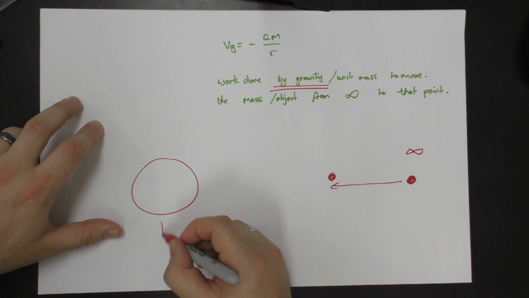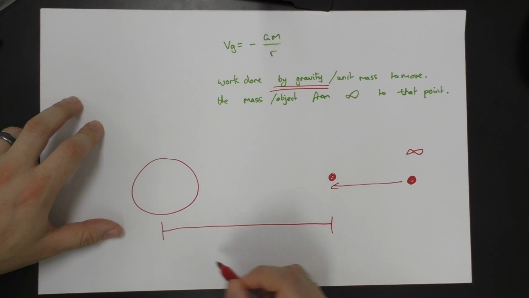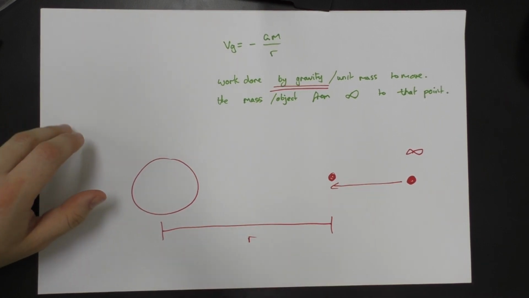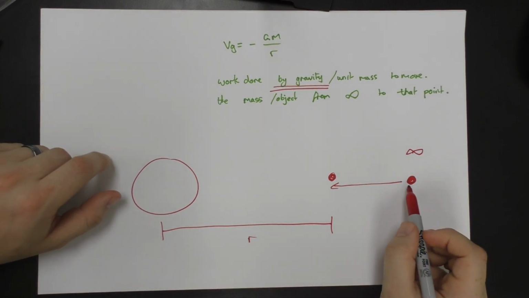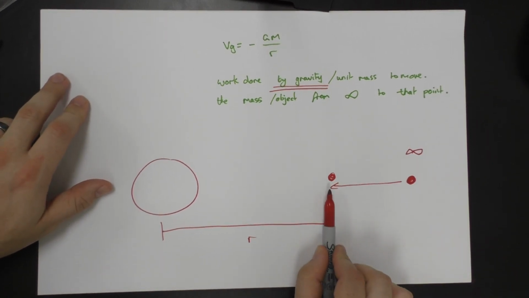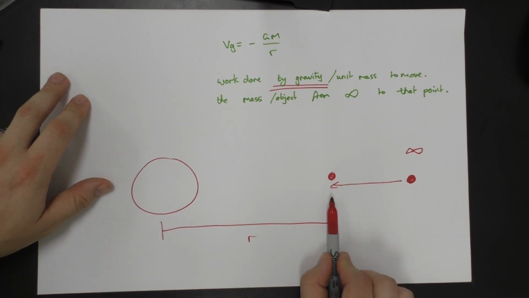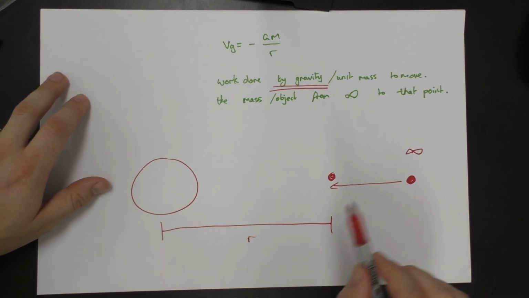So it's got to have that potential based on that R there. So the potential in moving the object from that point to that point is the potential that it has at that point.